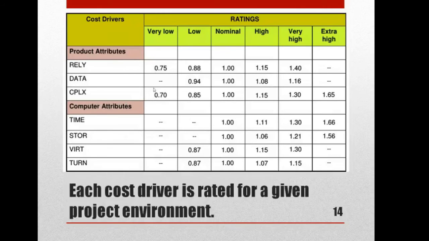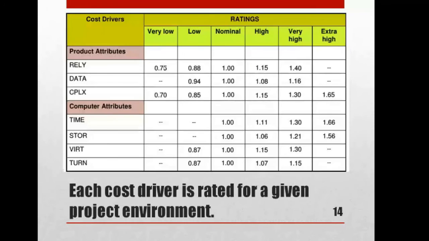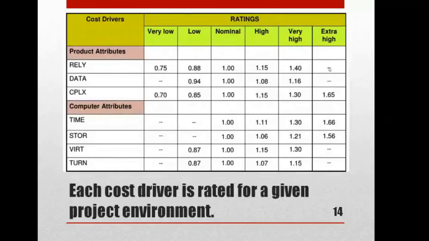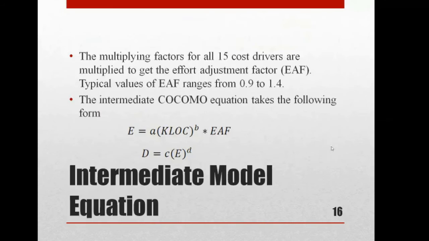Taking all these project attribute values, from very low to extra high, they have averaged them. So 0.9 to 1.4 is the effort adjustment factor. These are the range of these values. Typically, it will range from 0.9 to 1.4.